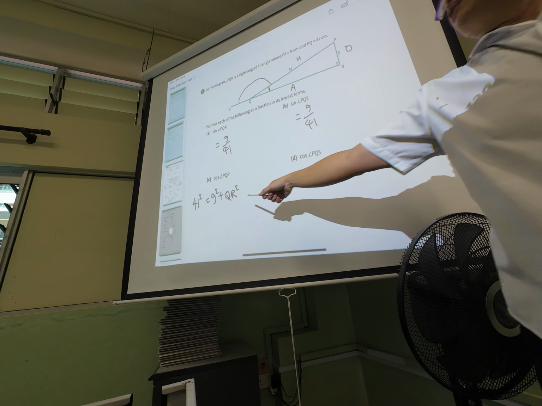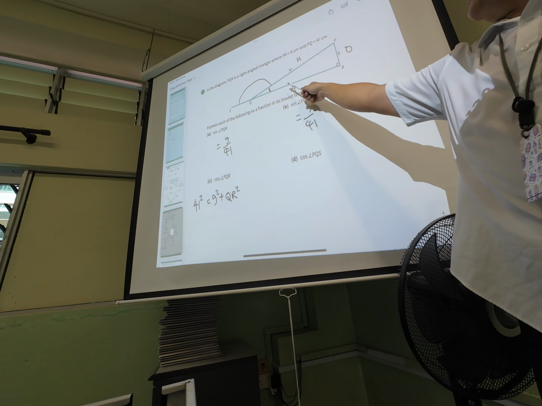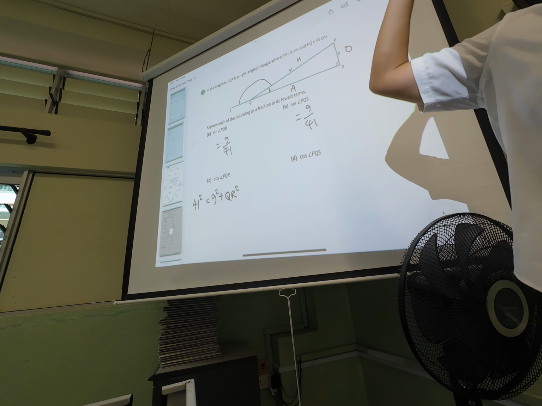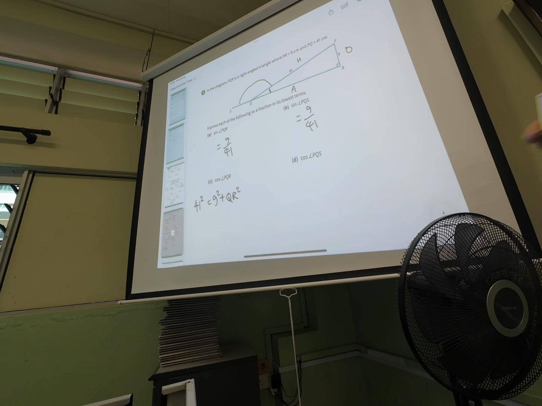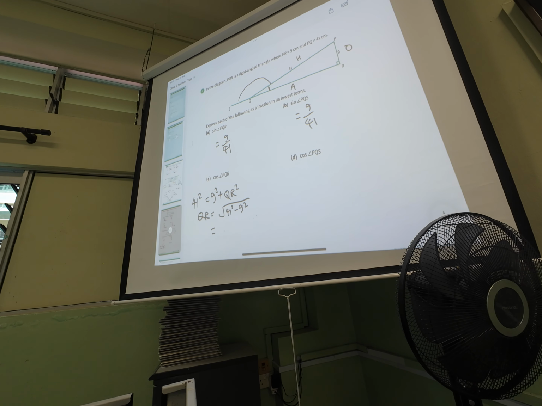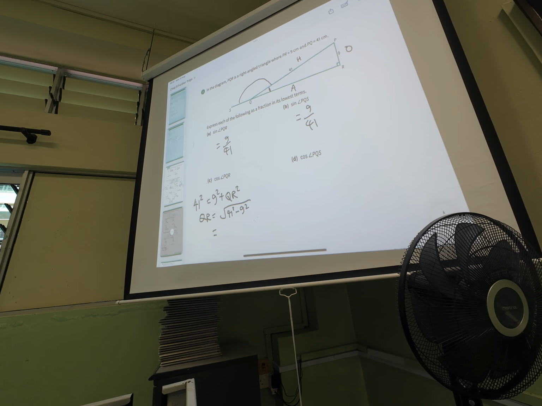Your Pythagoras theorem. Then you can write down, so your QR is the square root of 41 squared minus 9 squared. Let me check if it is really 40.